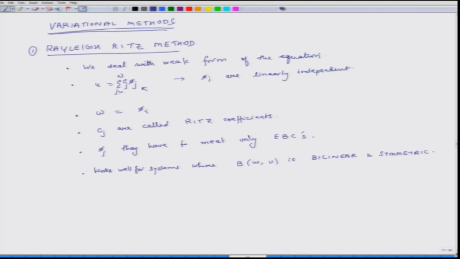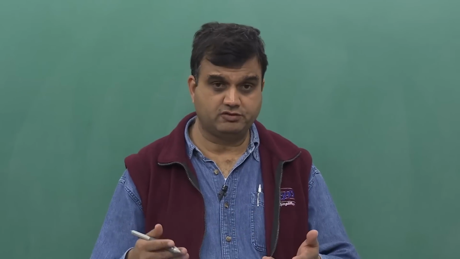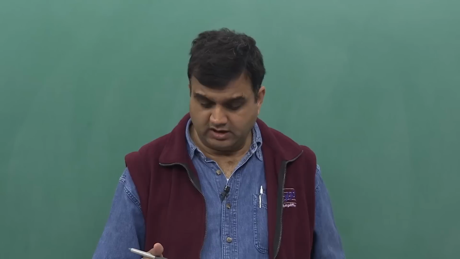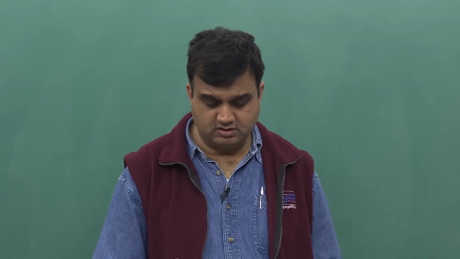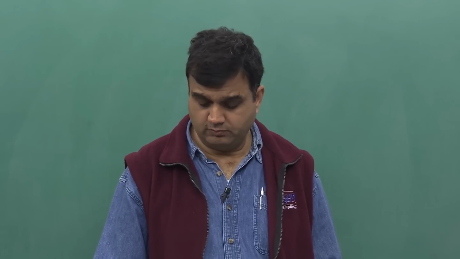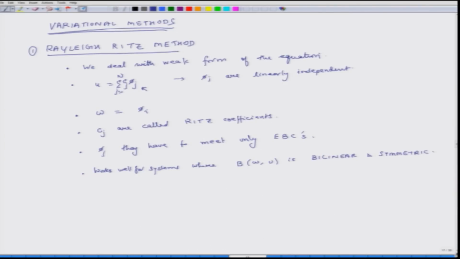If it is not bilinear and symmetric, then we may end up getting nonlinear equations in the c's, and then we have to figure out how to solve them. But for bilinear symmetric functionals represented by B of W and U, it works really well, and it is pretty straightforward. We will discuss this further.